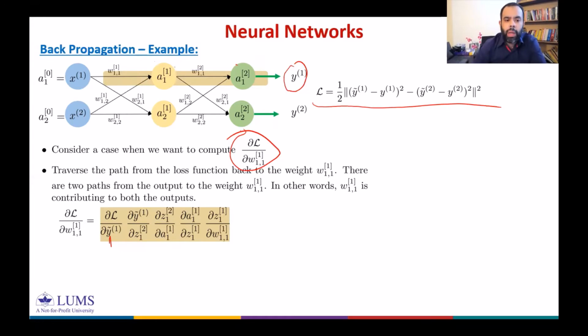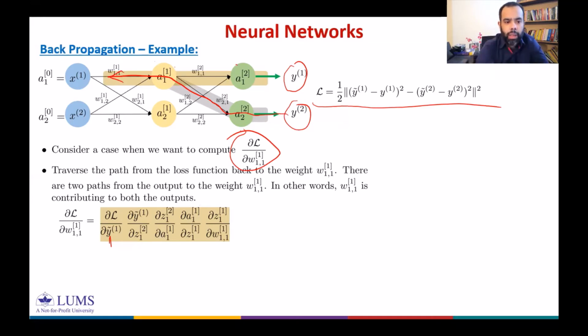Okay, but there's another path, and this is the path. We could also reach the weight from the loss function through the second output node. So we also have this path towards weight 111. Maybe you can pause here and, using the notation I have adopted, write the product of partial derivatives with respect to the chain rule.